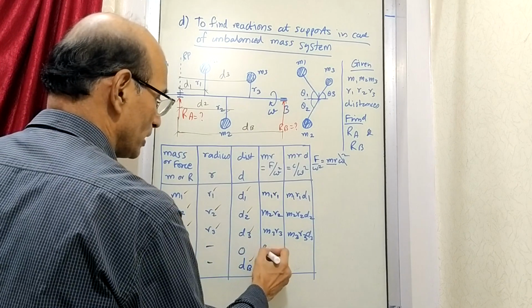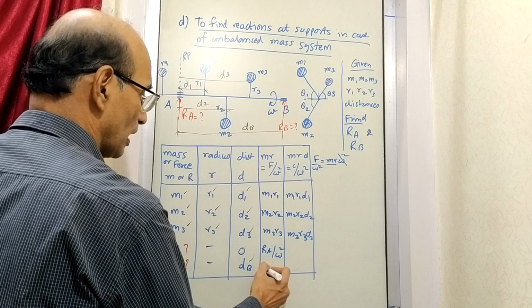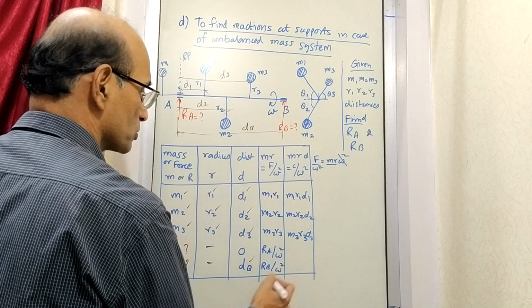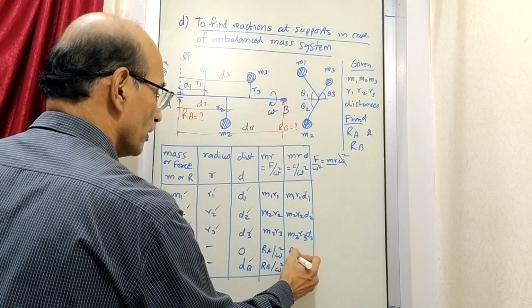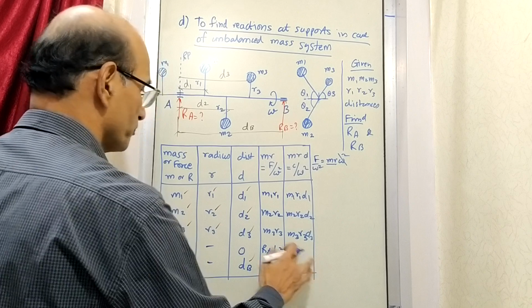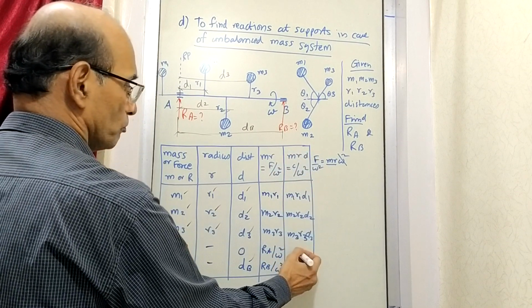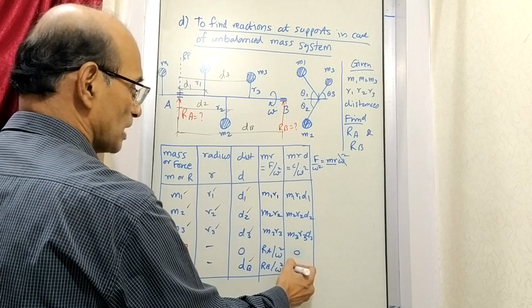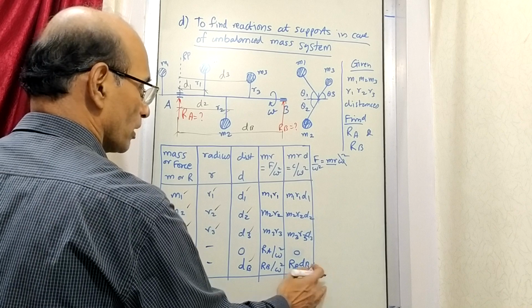So here we are going to write RA upon omega square. And here we are going to write RB upon omega square. Here we write RA, now D is 0, so MRD will be 0. And for this RB, DB upon omega square.